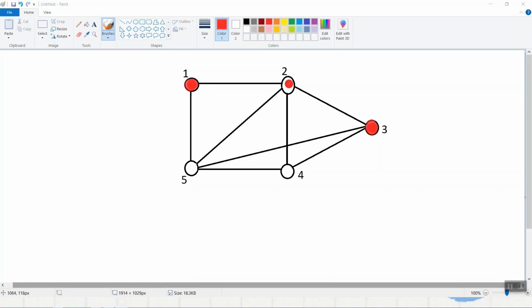Now let's move to number 2 again. Here we can apply another new color. I will apply blue color to this second vertex.